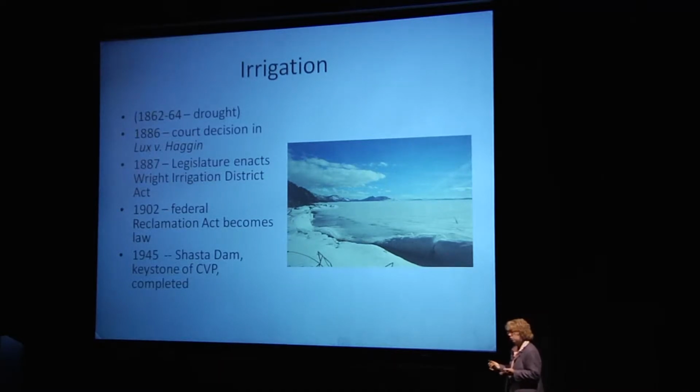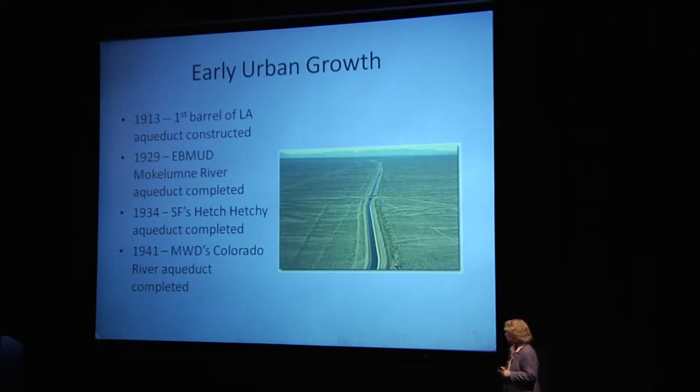So a lot of people were put to work in building the CVP, and its keystone facility, Shasta Dam, was actually completed in 1945.